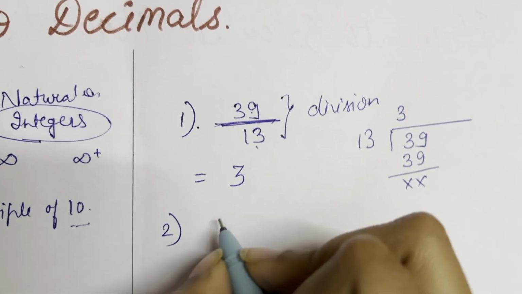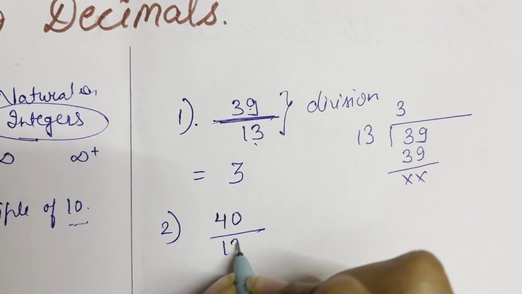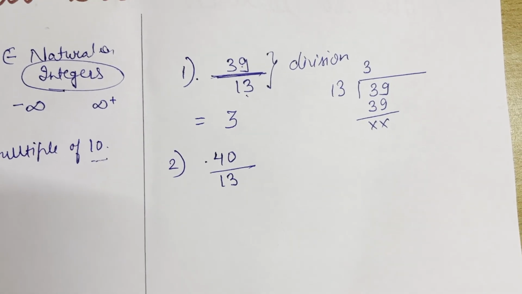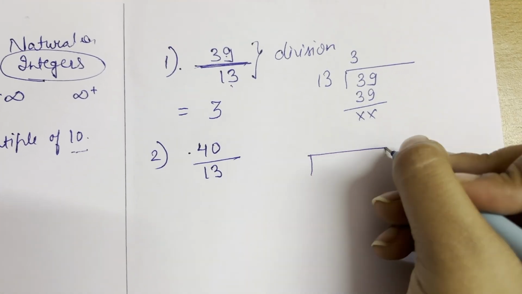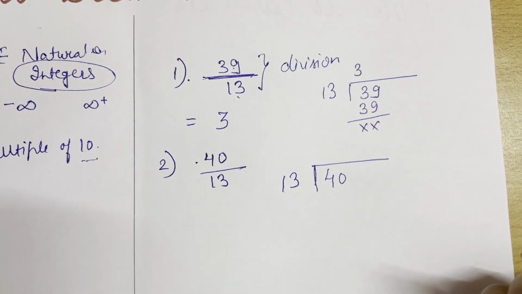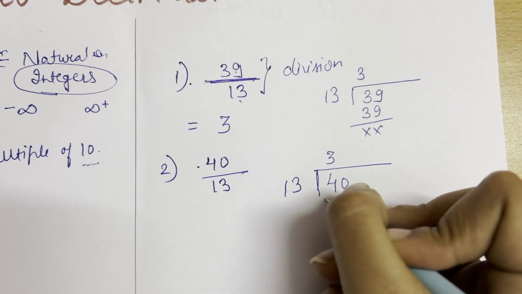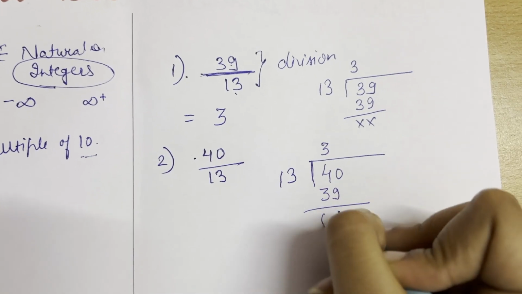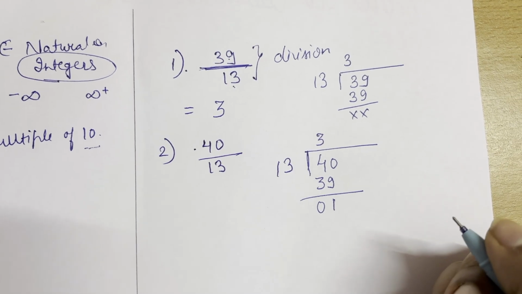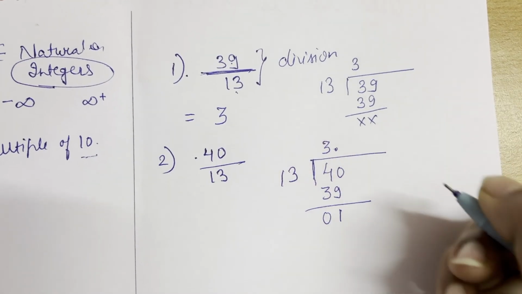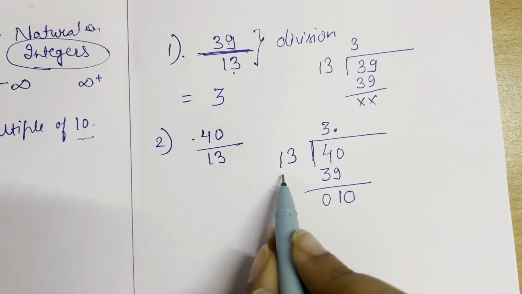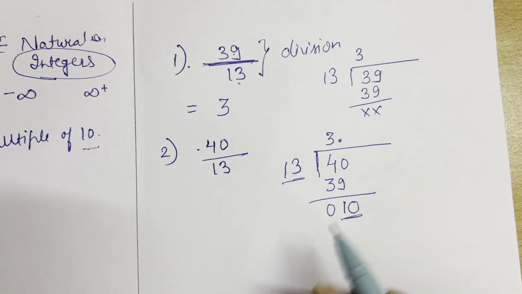Let's say if we have a number in the numerator which is not completely divisible by the denominator. Here I took 40 by 13. I'll again use the long division method. 40 divided by 13, and 3 times we got 39. The remainder is 1. Now what we will do? We'll simply put a decimal point here and add a 0. I could see that this 10 is still not divisible by 13.